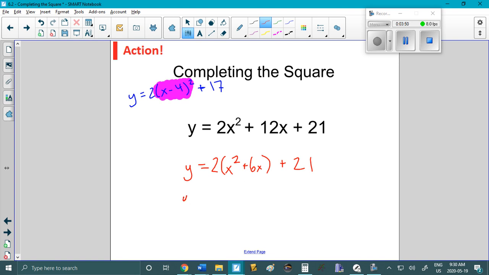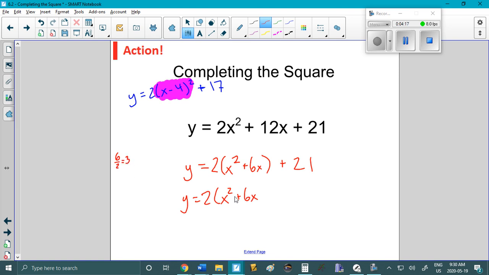Well, let's take a look. So y equals 2 x squared plus 6x. So what number can I put beside this so that when it's factored, it's like x plus something, x plus something? Well, we know that if we're going to add the same thing twice, it's going to be 3, right? So what I'm going to do over here is I'm going to take half of 6.